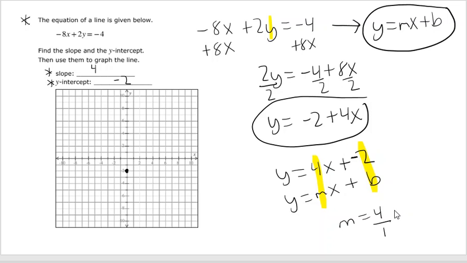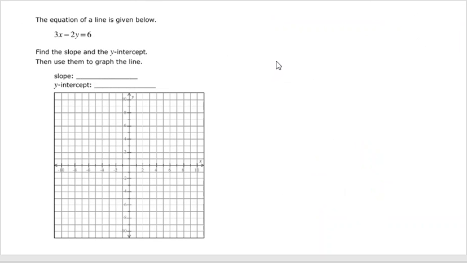So from your y-intercept of negative 2, you would move up 4, to the right 1. So 1, 2, 3, 4, to the right 1. Okay, voila.